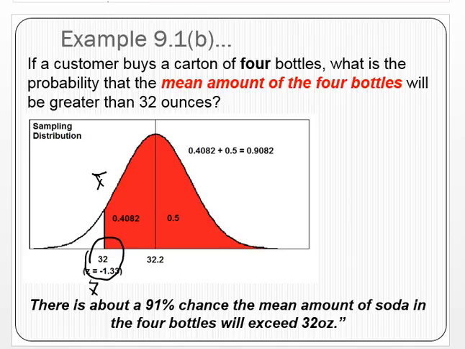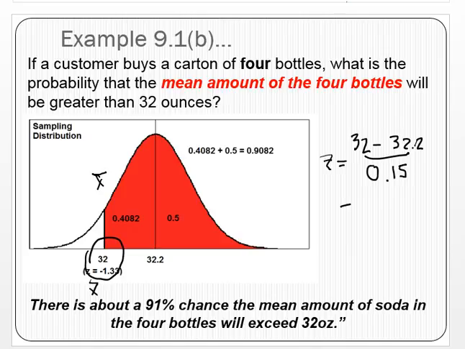Again, we need to find the z-score to use the z-table. So we say z equals the X bar, which is 32, minus the mean of the X bars, 32.2, over the standard deviation of the X bars, which we said in the previous page was 0.15.